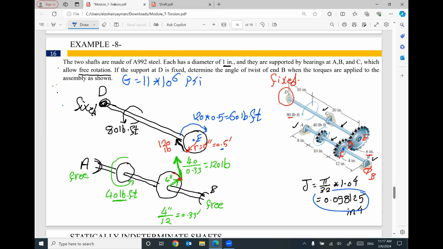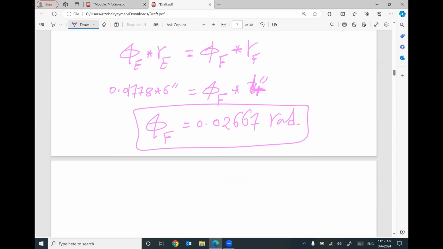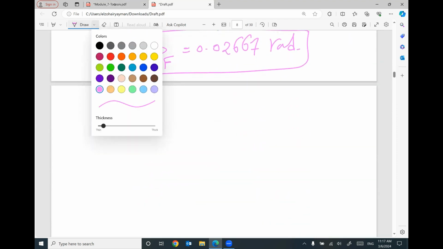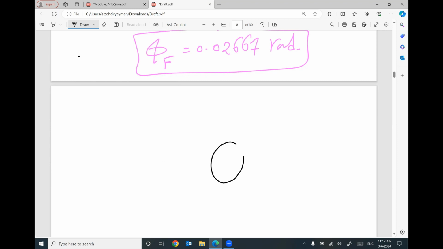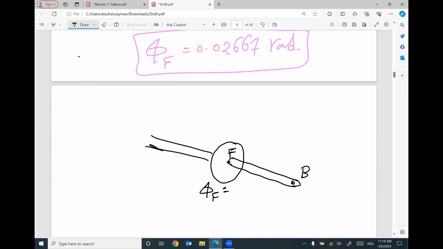Does that make sense? Keep in mind, this is the end B, this is the point F. Phi at F is known right now, 0.02667 radian.